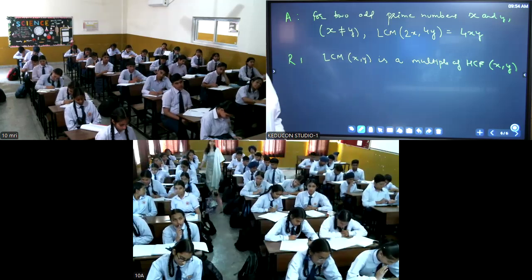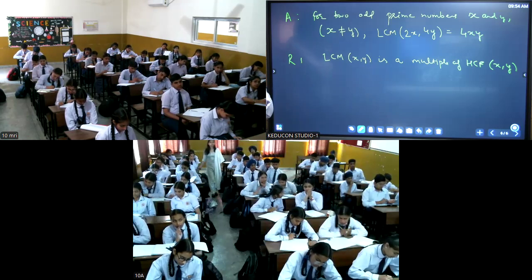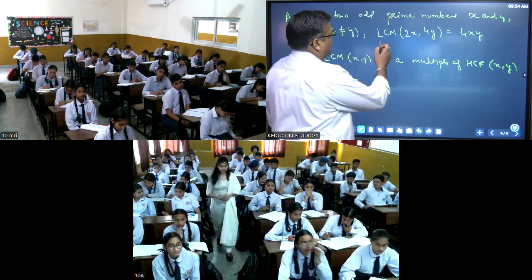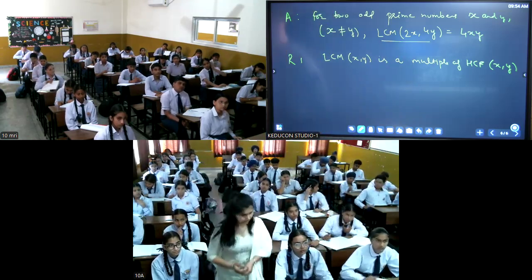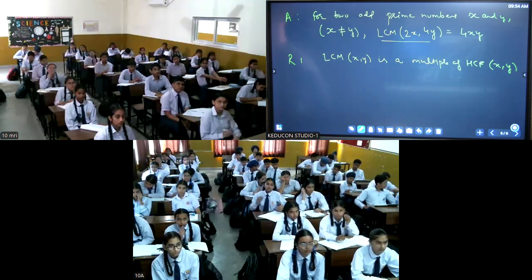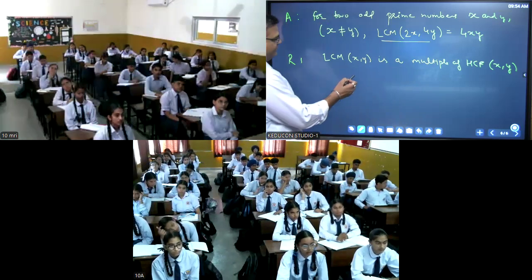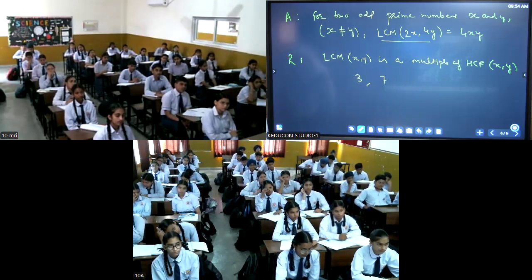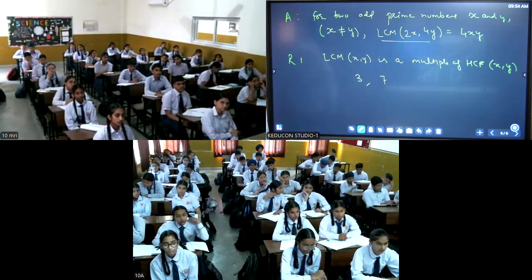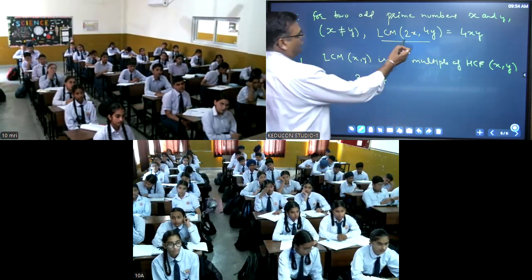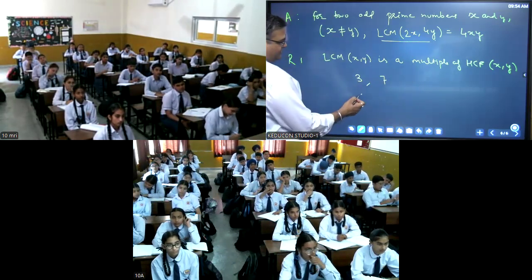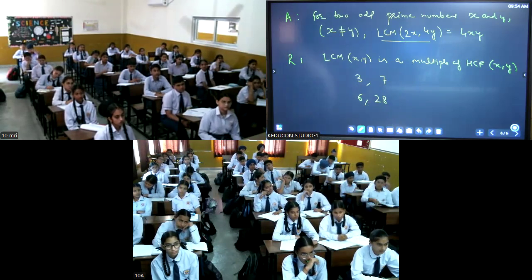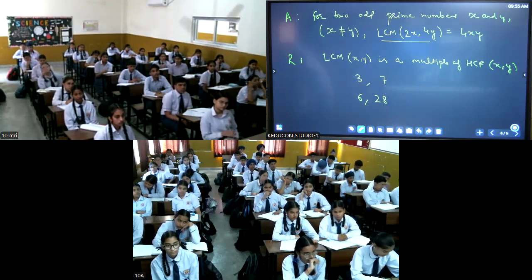Yes, students, done. देखिए बेटा, if we take the assertion, take any two odd primes, let's say 3 and 7. They are odd primes. Now, what is 2x? It means 6 and... is this clear? Now find their LCM.